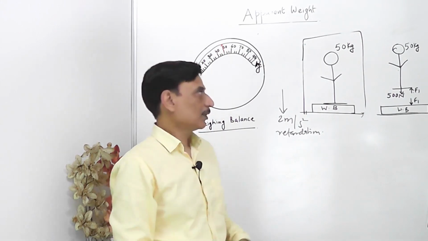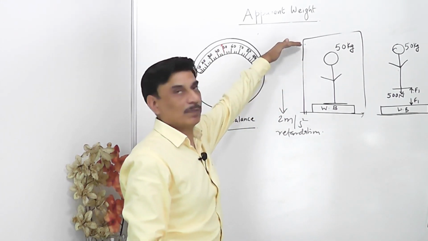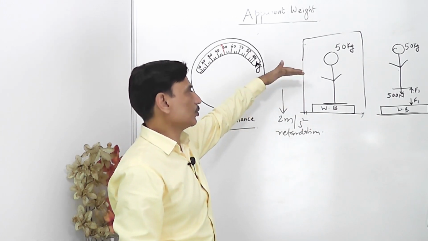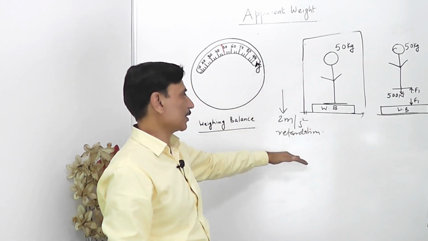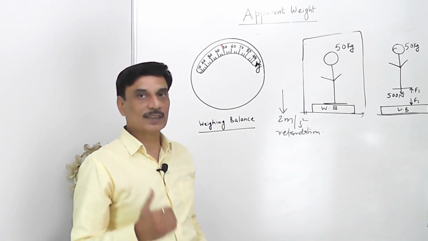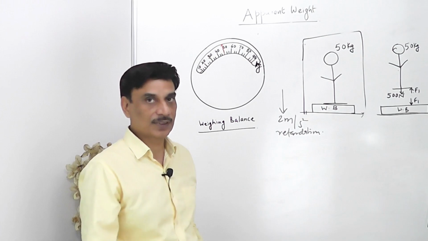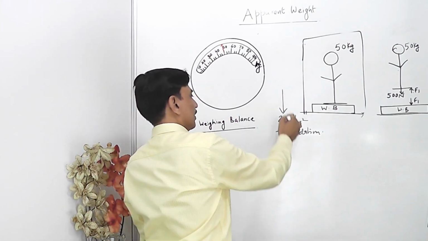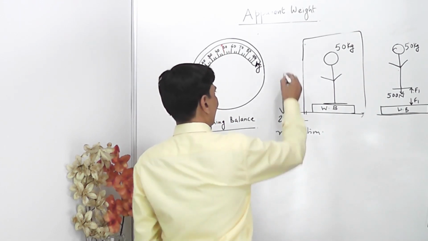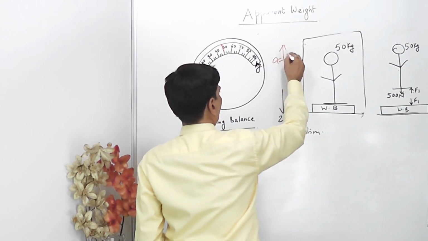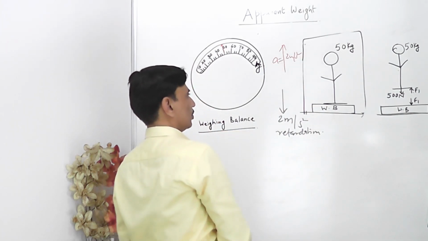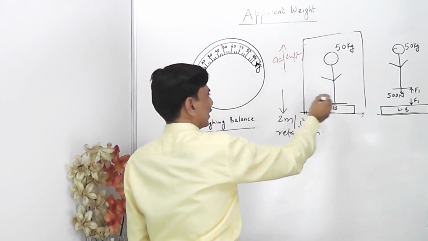Similarly, if this lift has started from the 10th floor and now the ground floor is coming and the brakes are being applied, it is retarding in this direction with 2 meter per second square. So once again, you can convert this retardation case into an acceleration case. Retardation of 2 meter per second square in this direction means it has an acceleration of 2 meter per second square in the opposite direction, upwards.